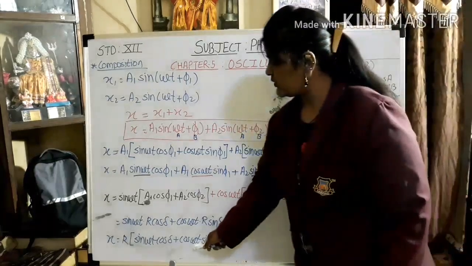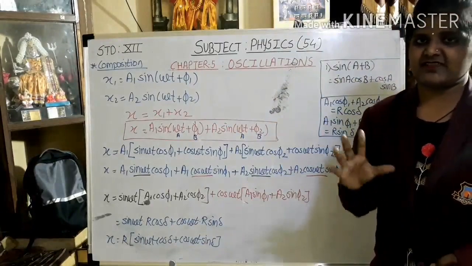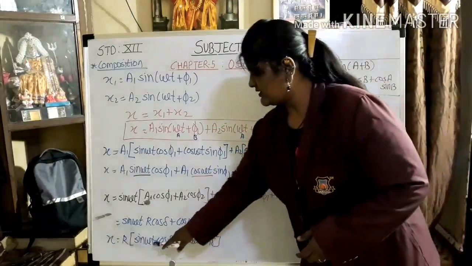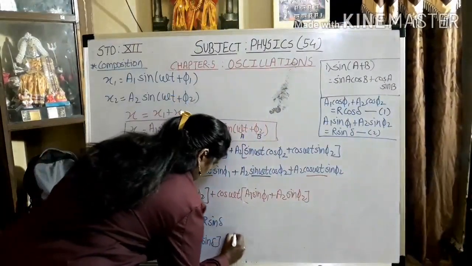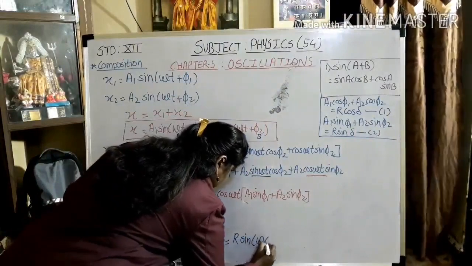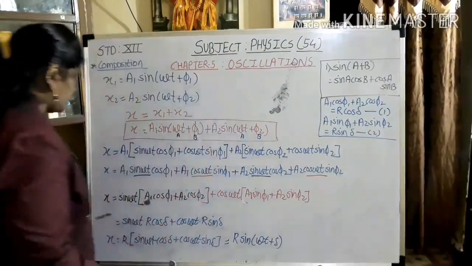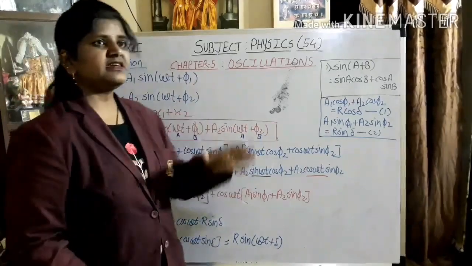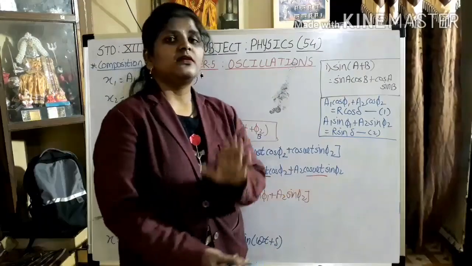So what can I write over here? What is a and what is b? Consider a as omega t and b as delta. So you will get this equation as r sin omega t plus delta only.